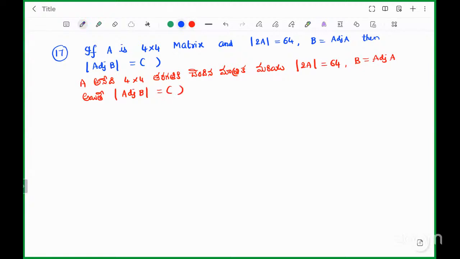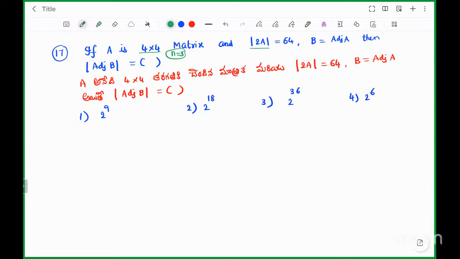So here the first option is 2 raised to 9. The second option is 2 raised to 18. The third option is 2 raised to 36. The fourth option is 2 raised to 6. So very interesting here. This is a 4 by 4 matrix.